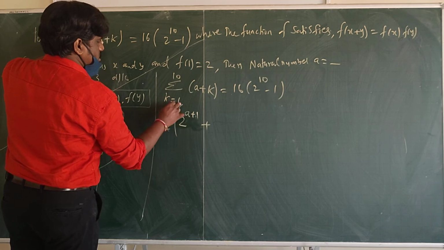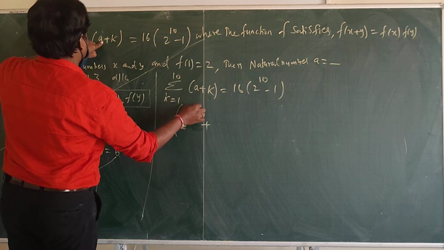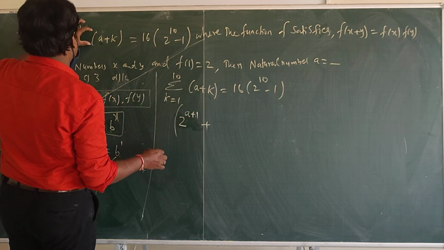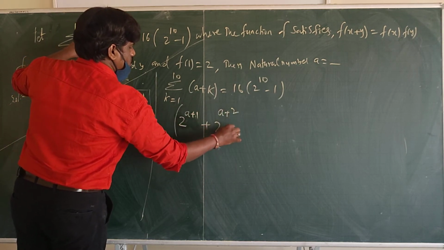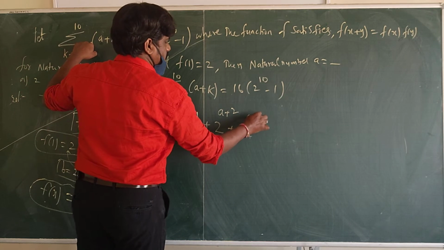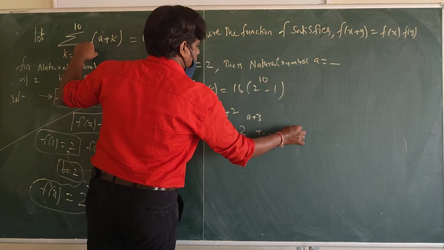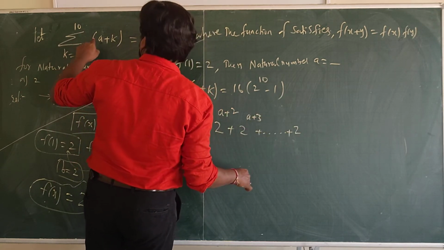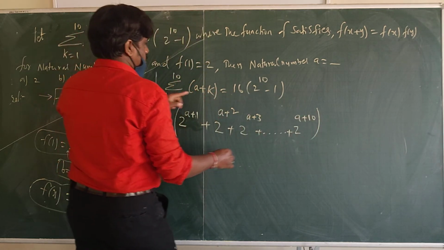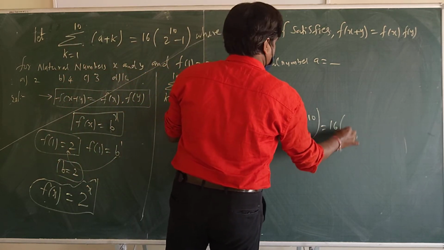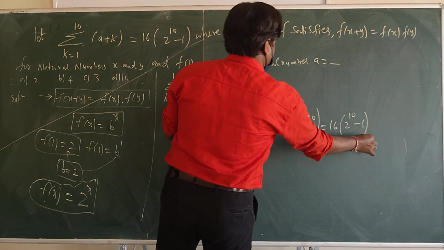Okay, plus next you have to substitute k as 2. Actually you should get the function here. Okay, you can write here 2 to the power of a plus 2 plus 2 to the power of a plus 3 plus so on, 2 to the power of a plus 10, and this value is equal to 16 into 2 to the power of 10 minus 1.